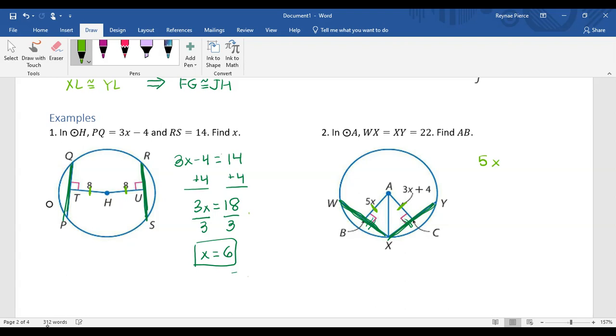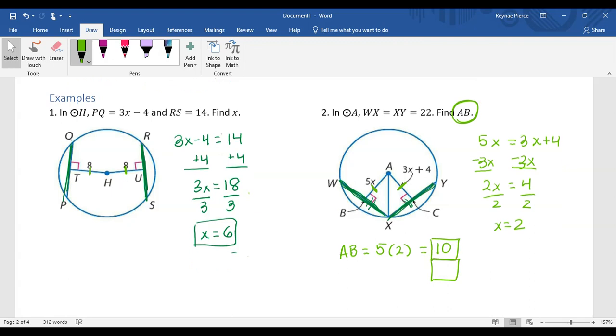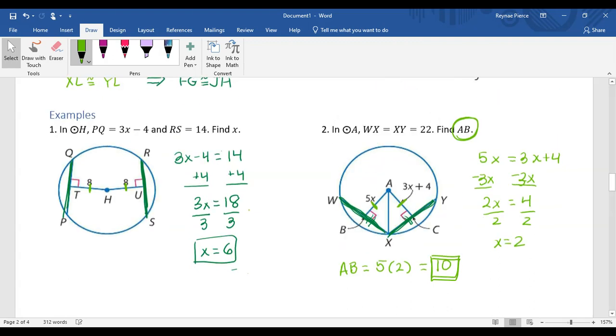So we will set 5x equal to 3x plus 4, and first we're going to solve for x. Our x value is 2, but if we look up here, we're trying to find AB. AB is 5x. So 5 times 2 tells me that that is 10. And that is it for section 3.